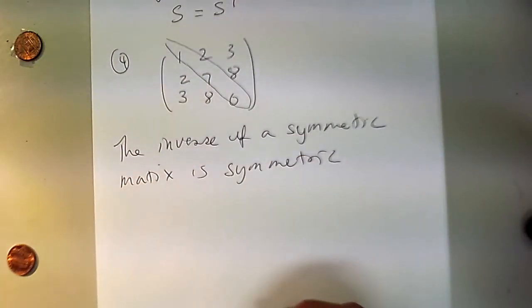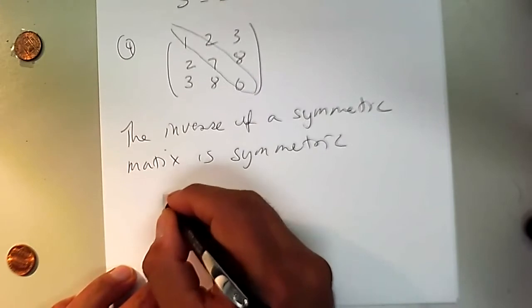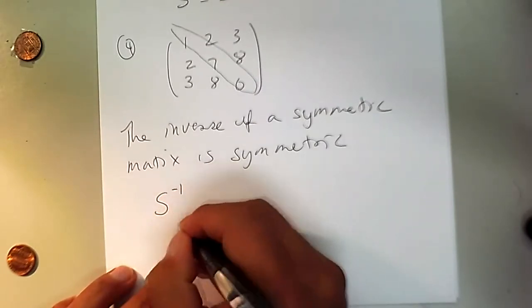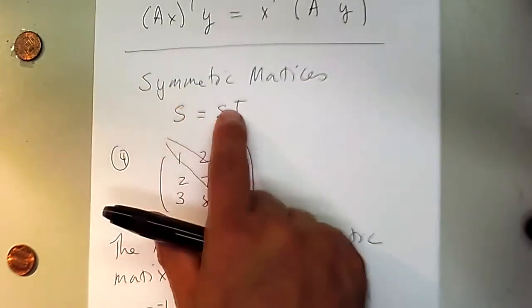The inverse of a symmetric matrix is symmetric. So let's pretend S is symmetric. Its inverse should be symmetric, which means that it should fulfill this requirement.